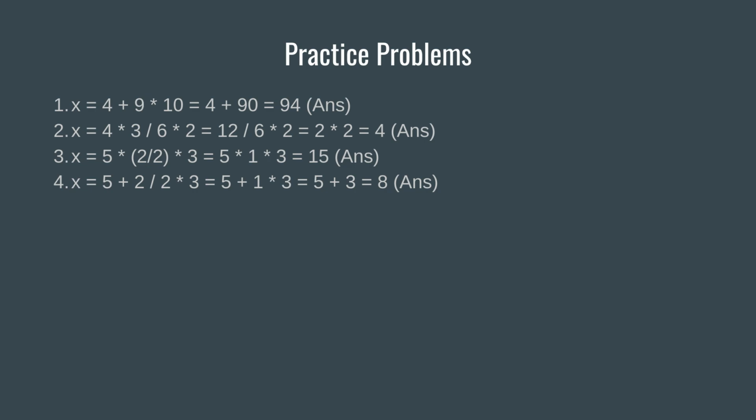Now let's discuss a few practice problems on operator precedence. In the first question we see 4 plus 9 asterisk 10. So in this we have to use the operator precedence. According to that, we first multiply 9 with 10, which comes out to be 90, and then add 4, and the final answer we get is 94. In the next question, we see 4 asterisk 3 slash 6 asterisk 2.